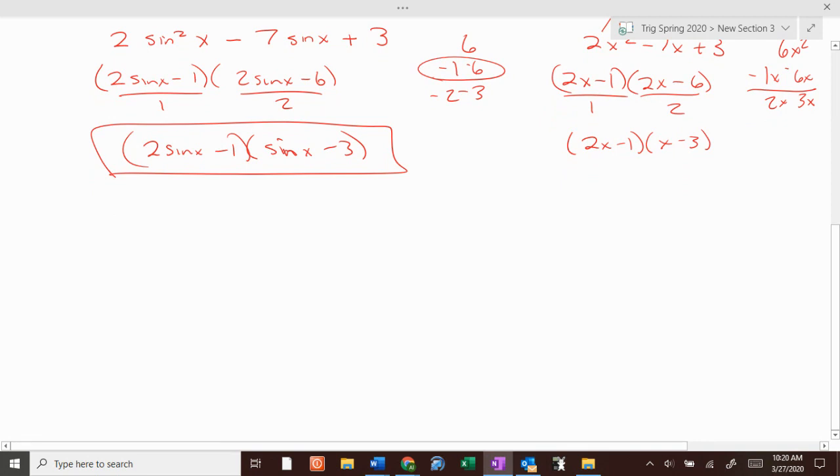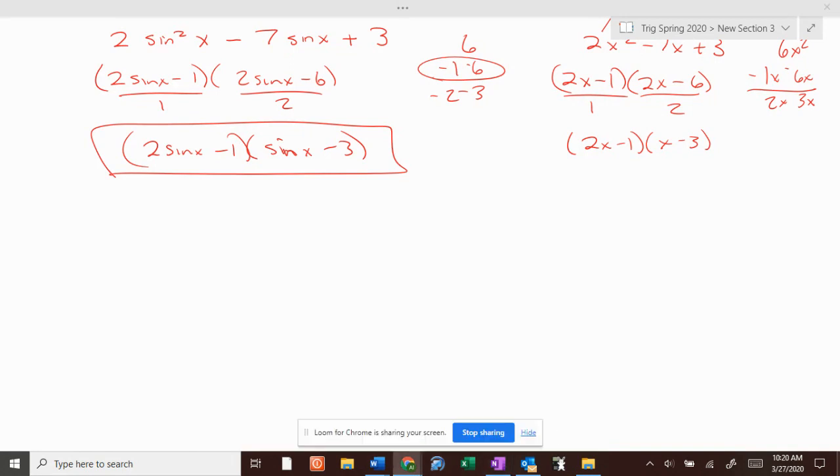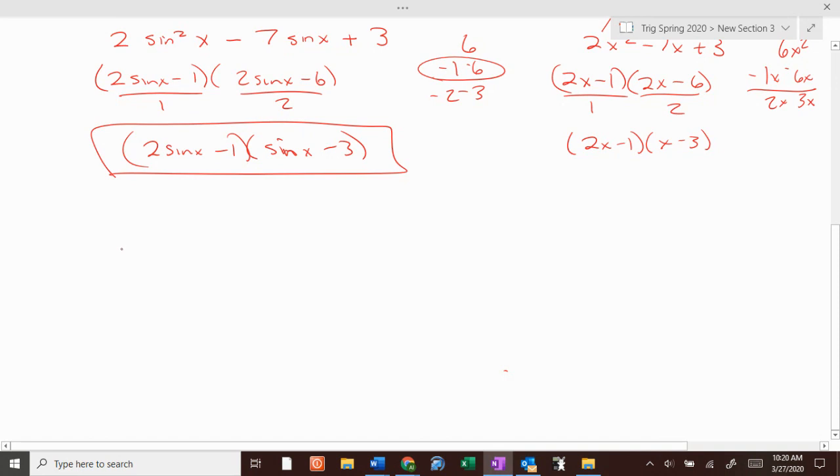Let's say we have 4 cosine squared of x minus cosine of x minus 3.